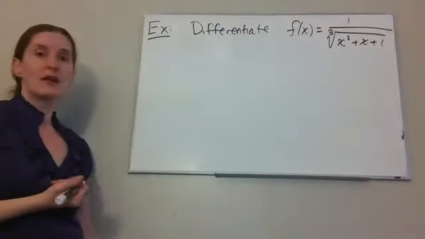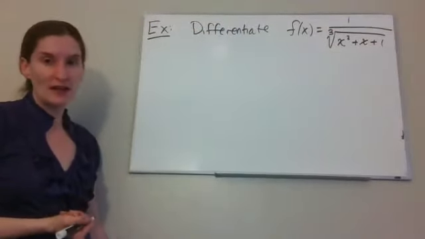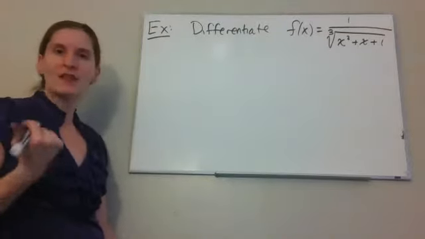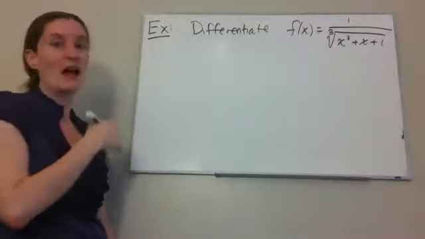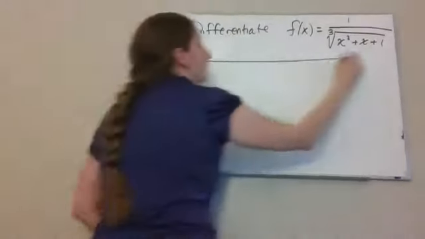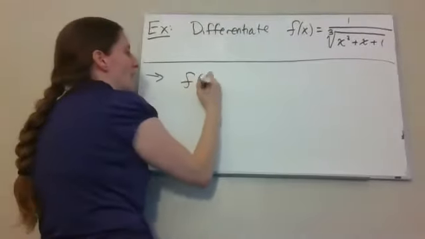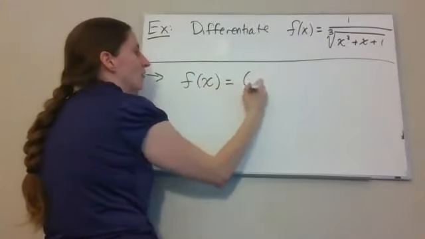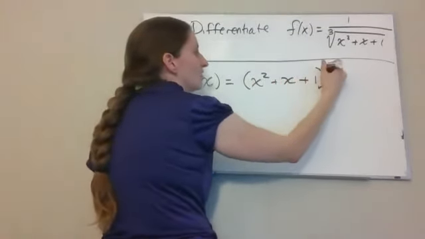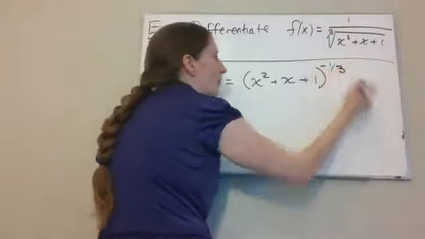And now the very first thing I would do is rewrite this so that the root is a fractional power, and also rewrite it with a negative exponent to get that out of the denominator. So if I rewrite this, I will get that my function is equal to x squared plus x plus 1 to the negative 1/3 power.